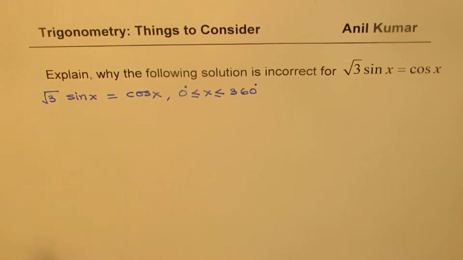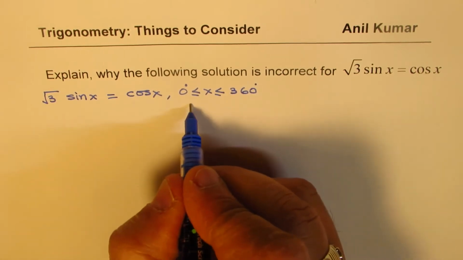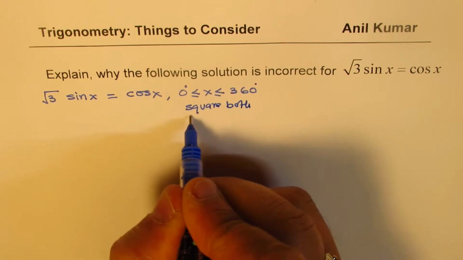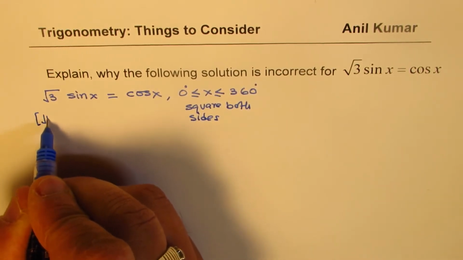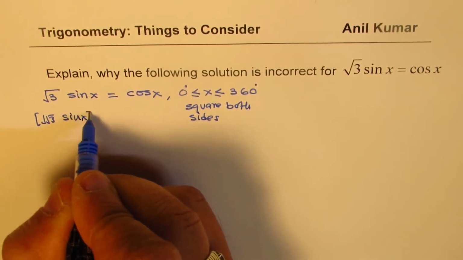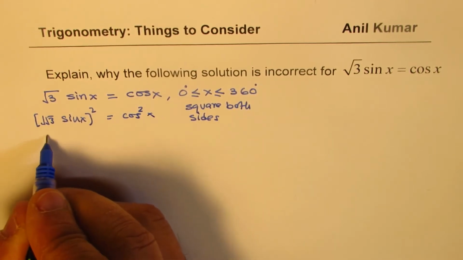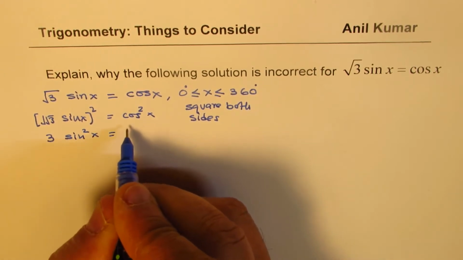We need to find the value of x. So in the first step, I square both sides. So I get (square root 3 sine x) whole square equals cos square x, which gives me 3 sine square x equals cos square x.